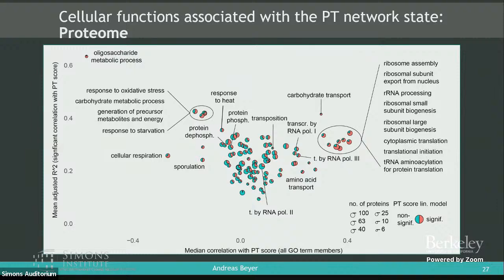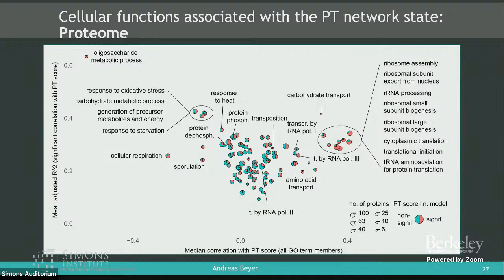On this axis you have how much the protein levels of this module, here the proteome, correlate with the PT score. You can have positive correlation or negative correlation with the PT score. And the y-axis is basically the significance.